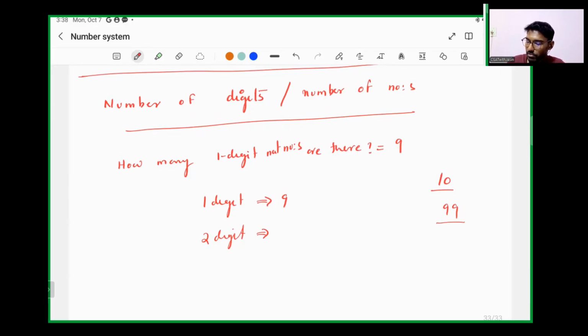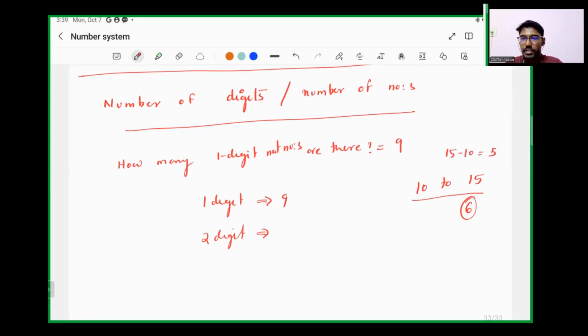Why? Because if I ask you how many numbers are there from 10 to 15, just count: 10, 11, 12, 13, 14, 15. There are 6 numbers. Okay, not 5. There is a tendency you might do 15 minus 10 and get 5. But if you are doing 15 minus 10, you are only taking the difference between 15 and 10.